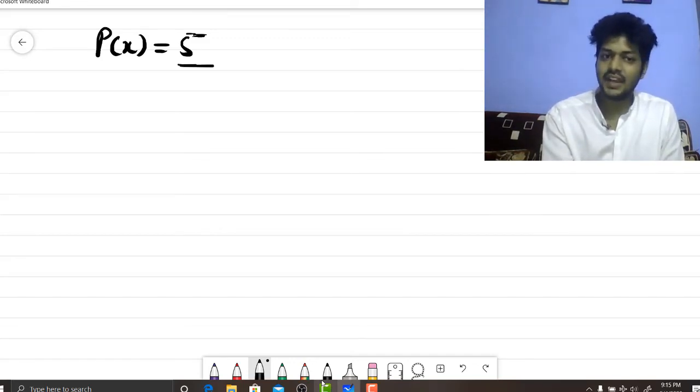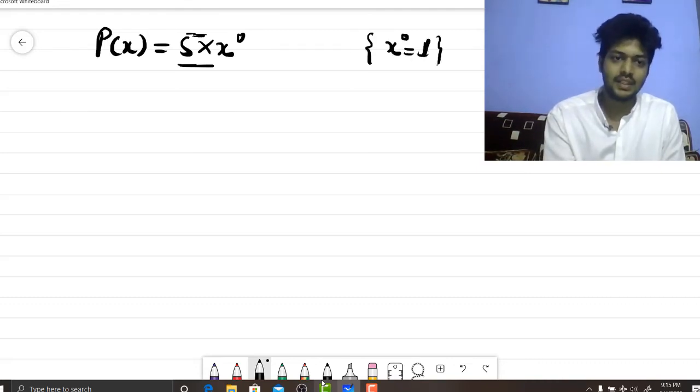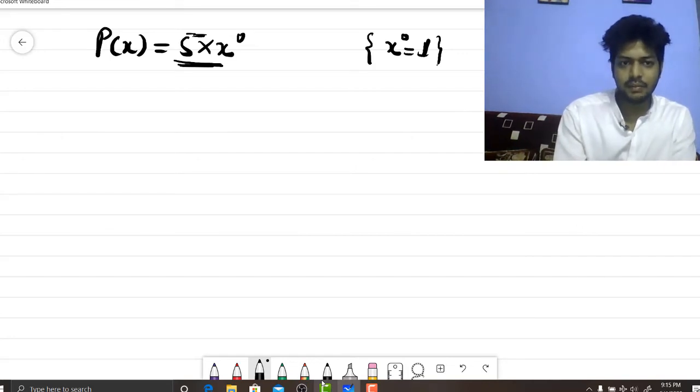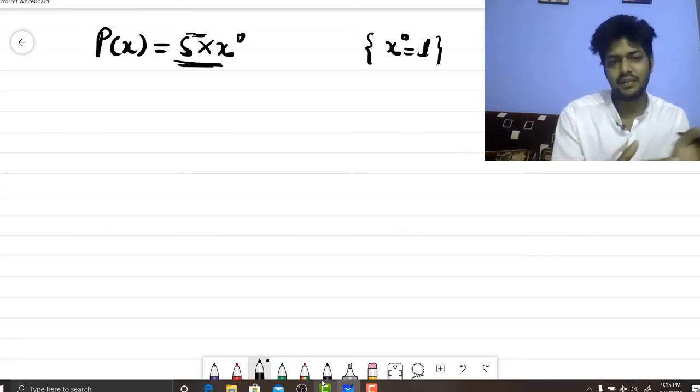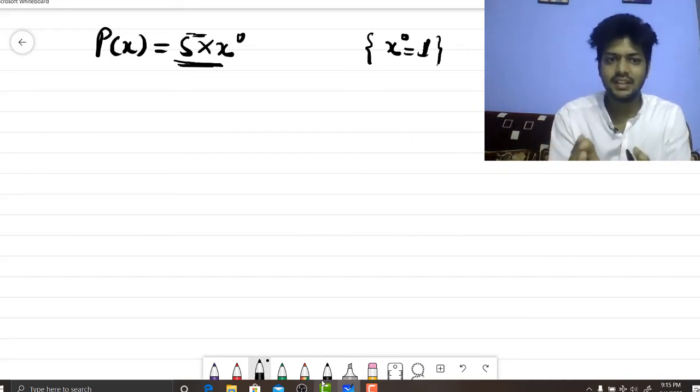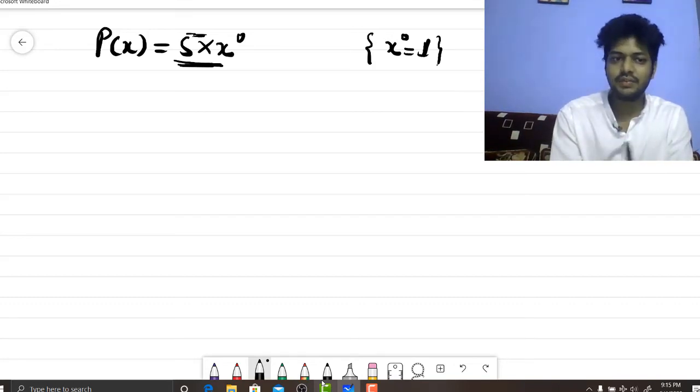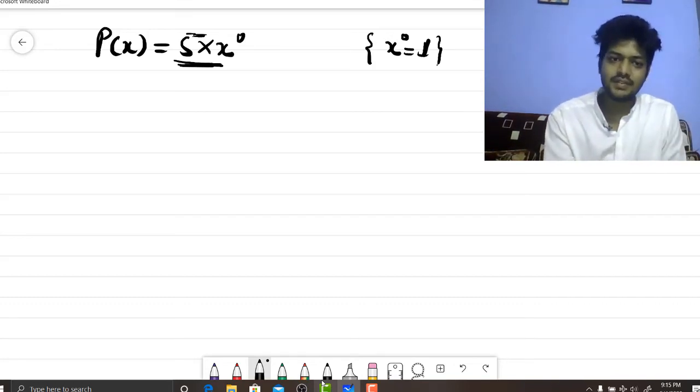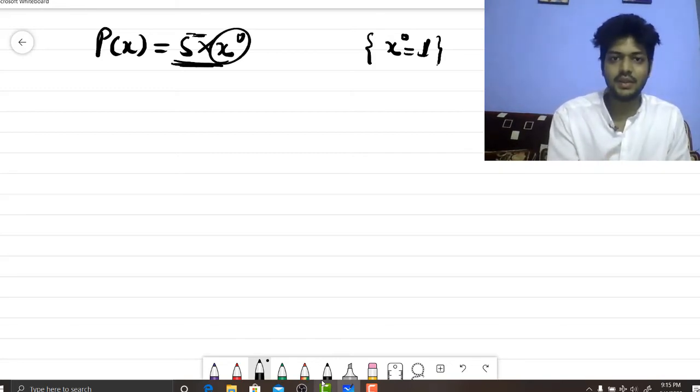You can write this 5 as 5 into x to the power 0, since we know that anything raised to the power 0 is 1. Now tell me, if I put different values of x, from negative numbers to positive numbers, anything, will we ever get the value of p(x) as 0? Because x to the power 0 will always be 1. Therefore, this entire expression can never be 0.